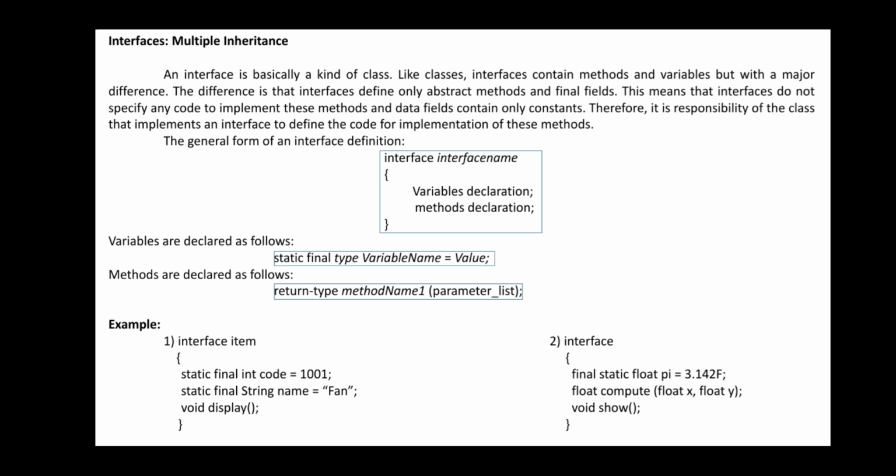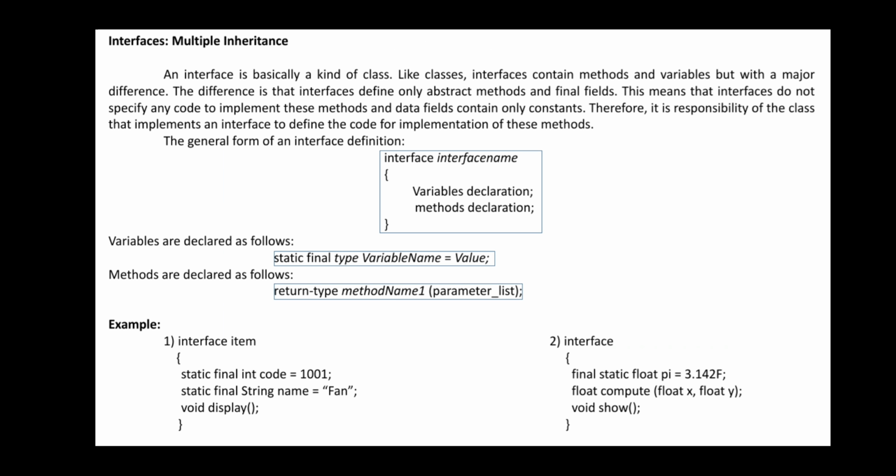Means methods as well as fields will be used for constant purposes. You are going to declare them and assign the values, but they will not be redefined within the interface, but they can be used within the other classes where the interface is used or accessed.